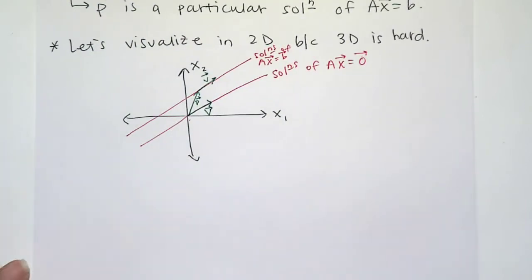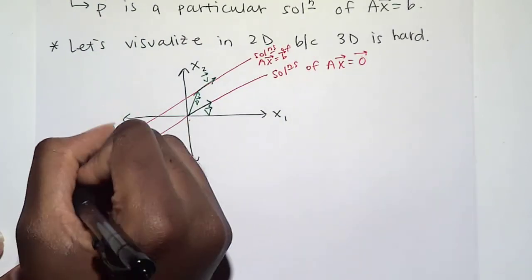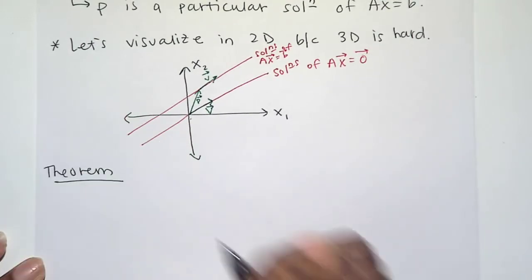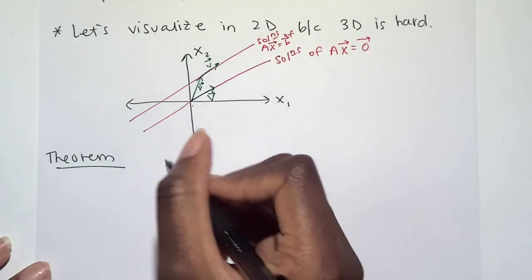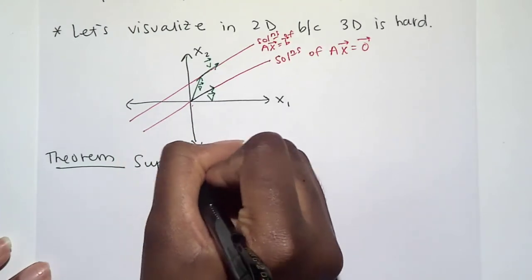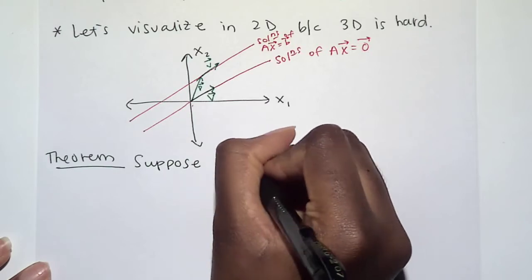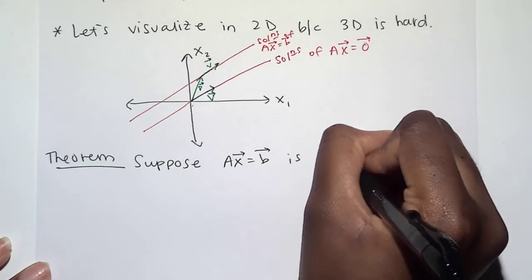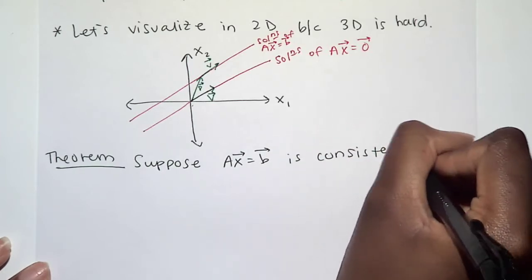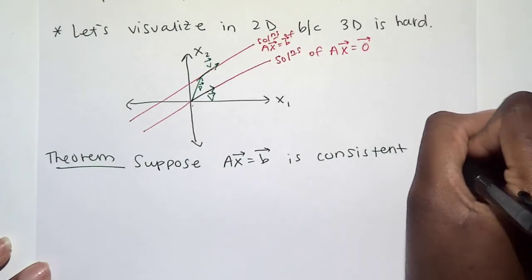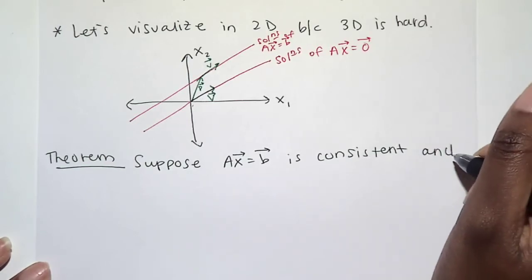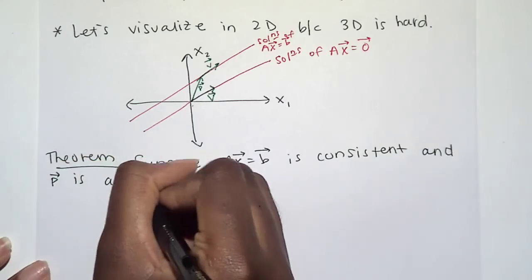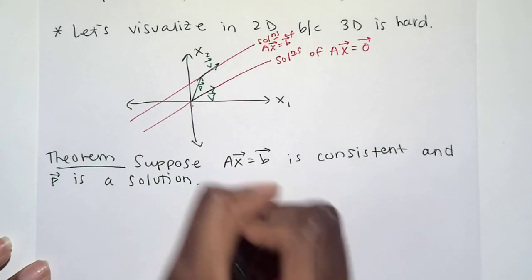Sorry about that. All right, now let's write a theorem. Let us suppose that AX equals B is consistent. So we were able to find a solution. And that P is one of those solutions. So it's a particular solution.